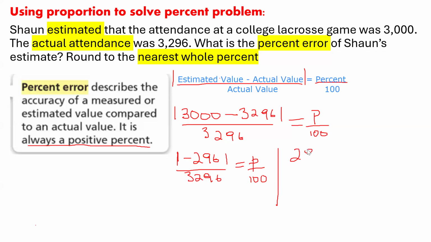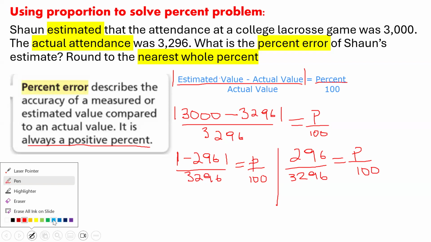So we are going to have positive 296 over 3,296 equals P over 100.